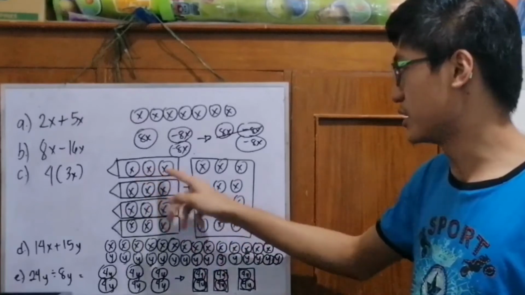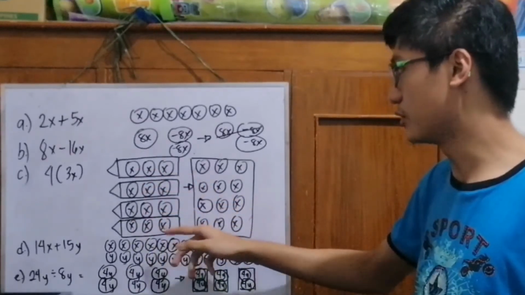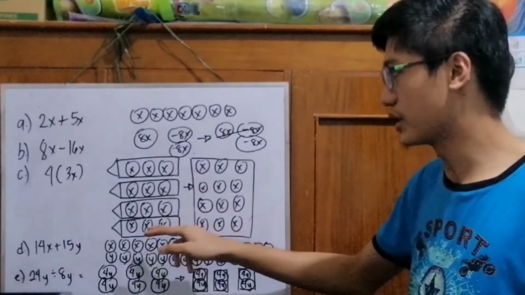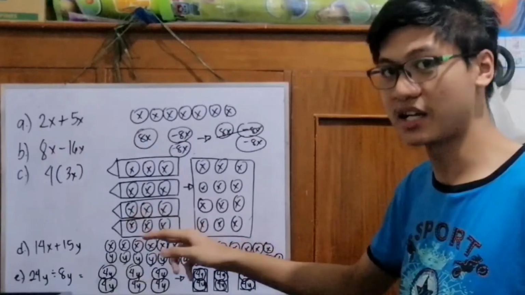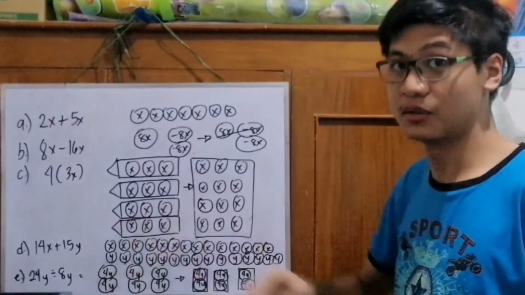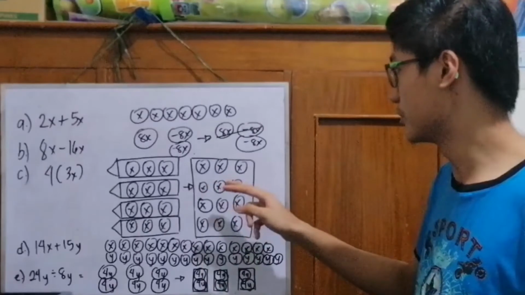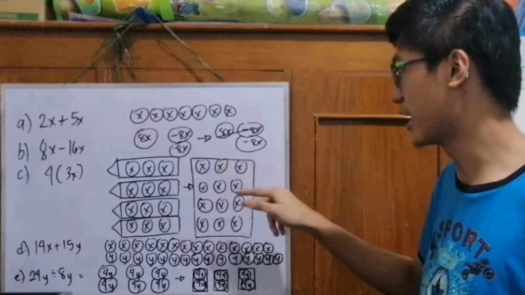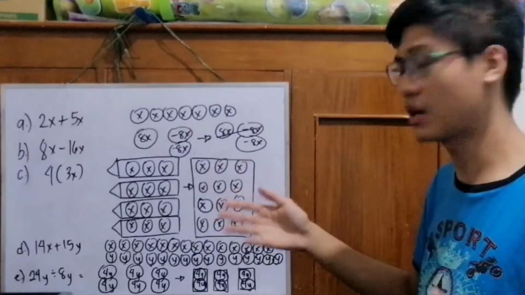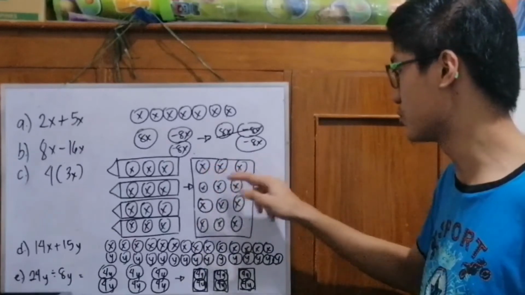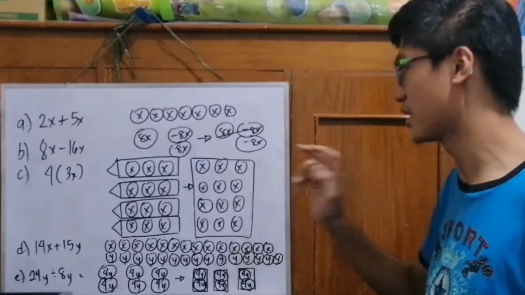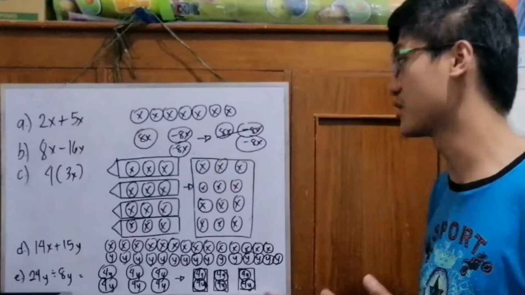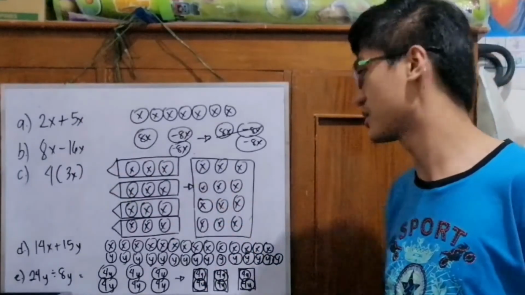We would put 3 discs for every group inside the rectangle beside the triangle, and we would combine them in the end. So all we have to do is just count them: 1, 2, 3, 4, 5, 6, 7, 8, 9, 10, 11, 12. So our answer for this problem will be 12x.